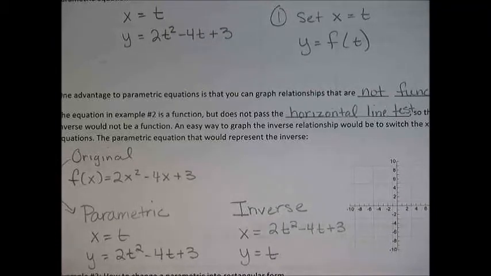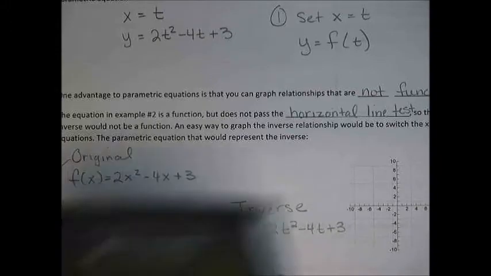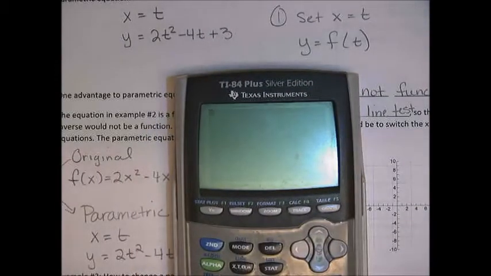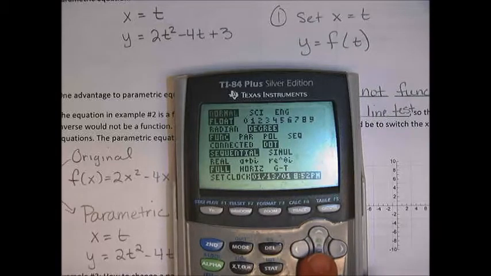So let's graph this on our calculator instead of plotting points like we did last time. I'm going to use the Inspire. If you do have an 84, the only difference with the 84, so I'll just go through the 84 real quick, is you can graph parametric just the same. First thing you need to do is hit your mode button and change it to parametric mode right here.